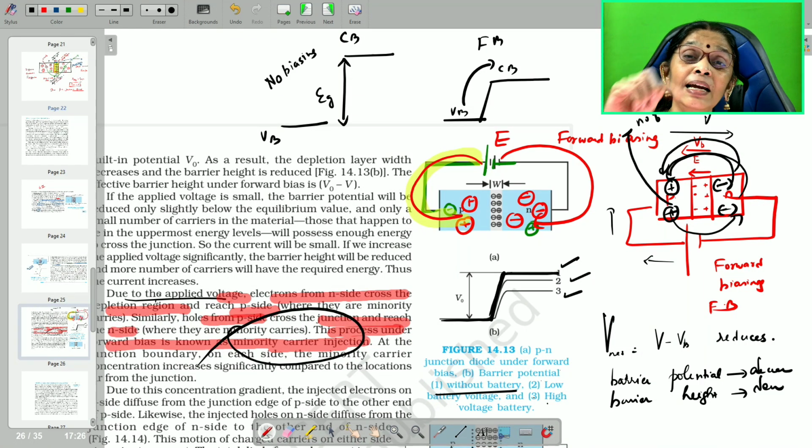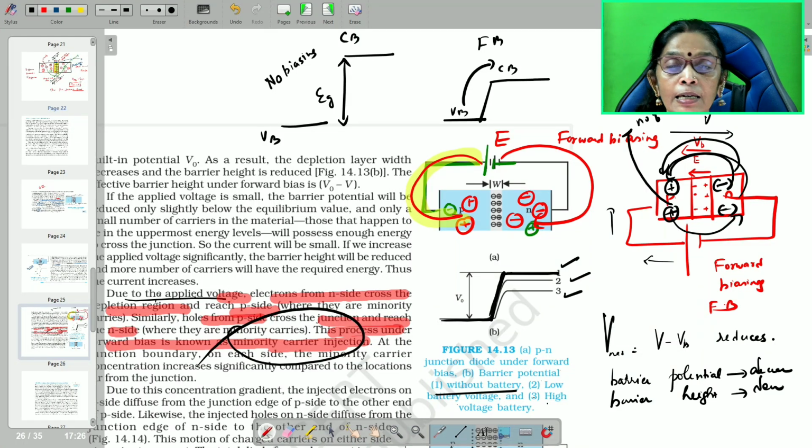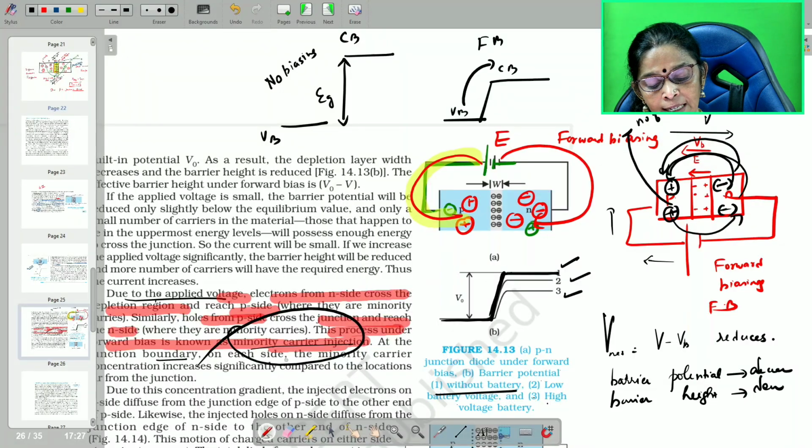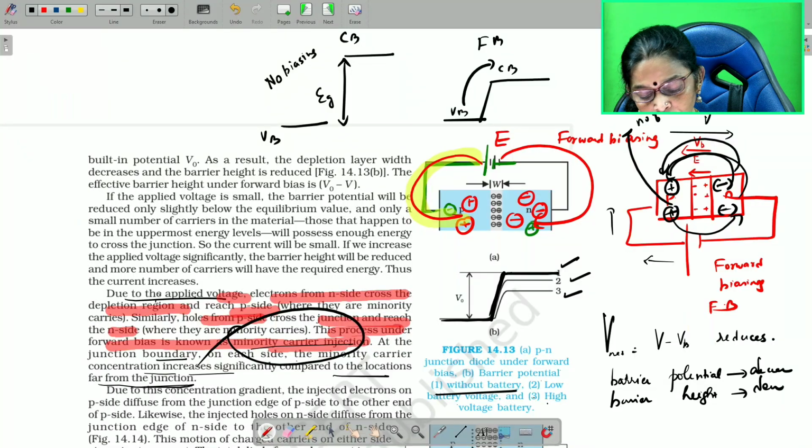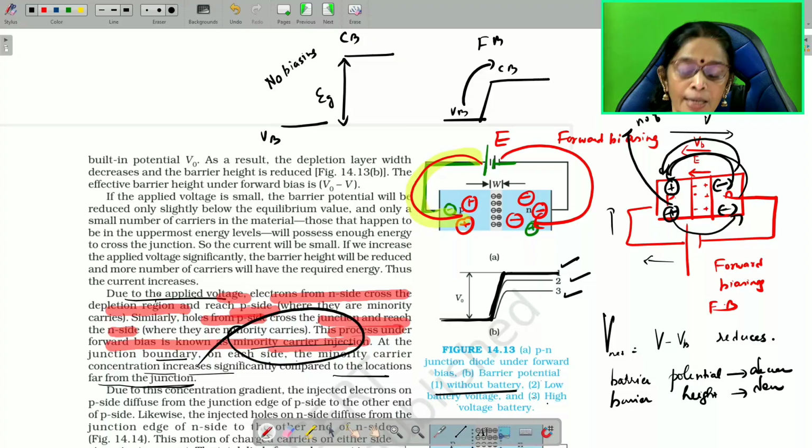Thereby increasing the number of minority charge carriers, hence it is called minority carrier injection. At the junction boundary on each side, the minority carrier concentration increases compared to the location far from the junction. So, the number of minority charge carriers increases, hence called minority carrier injection.